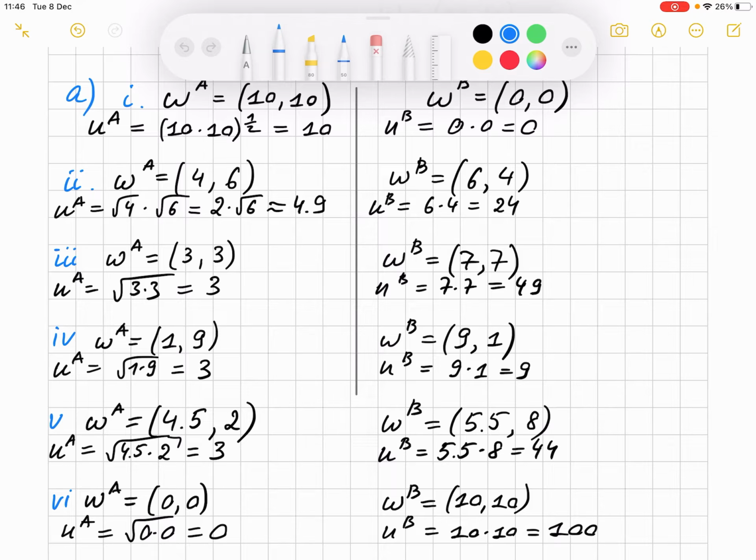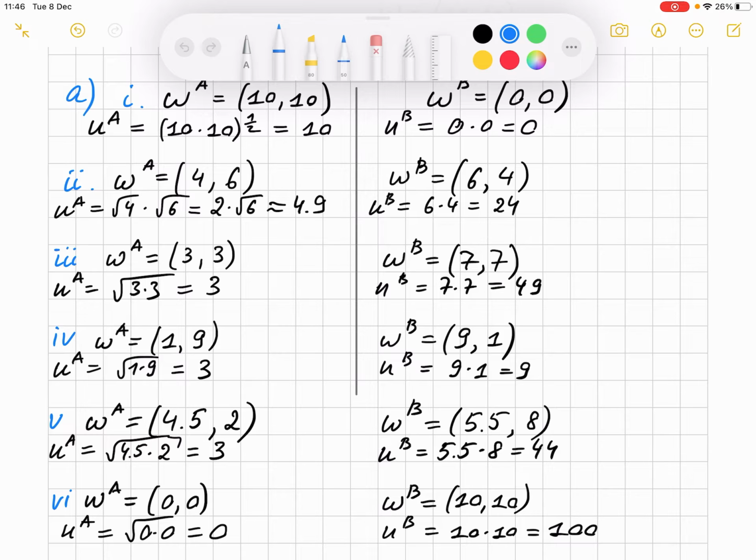But if we can find an allocation where one of the agents will be better off without any cost to another, so basically when one of the agents will have a higher utility level than in another allocation, but agent B will have the same or also a higher utility level in another case, then this allocation will be more efficient, and that one will be Pareto dominated.